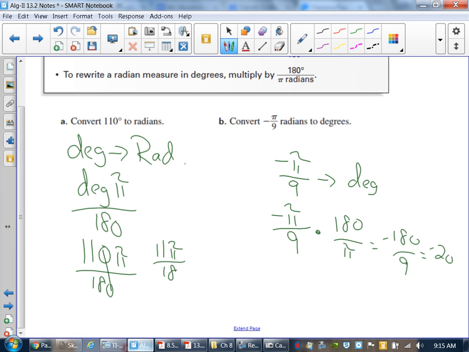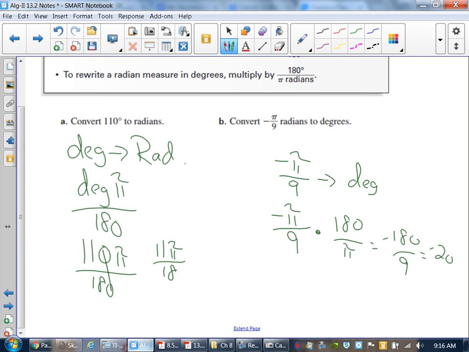What's the radian equivalent of 360? 2 pi. So to do coterminal angles with radians, you will add or subtract 2 pi. I'll give you a couple, let's see if you can do it. We'll probably start with that tomorrow.